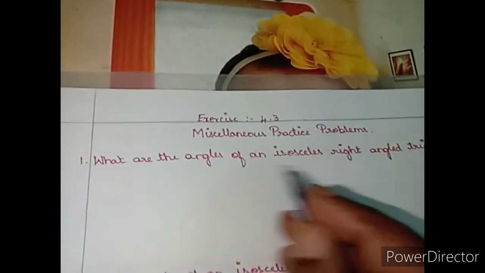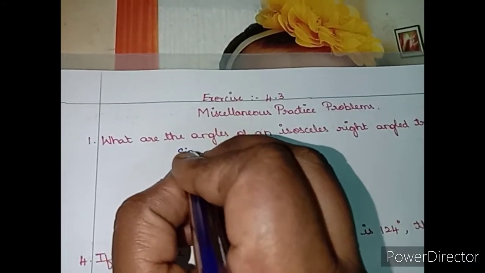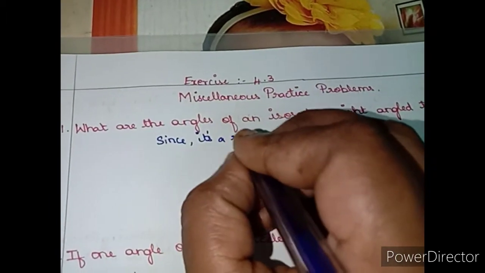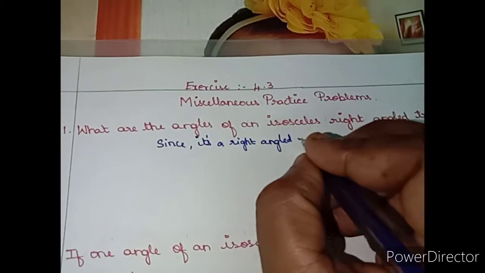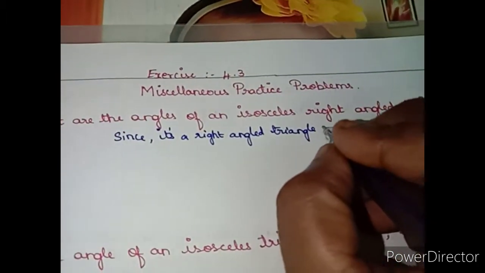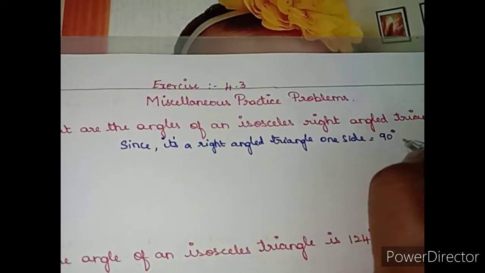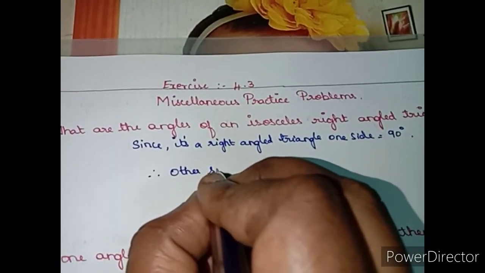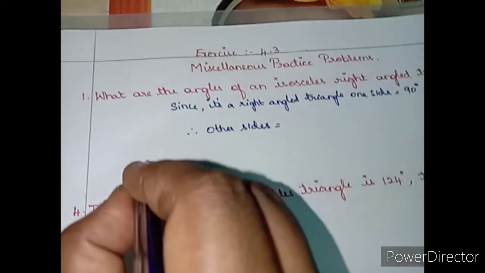As I told you, it is a right-angled triangle, so one angle is equal to 90 degrees. Therefore, the other angles... and one more thing we have to write.